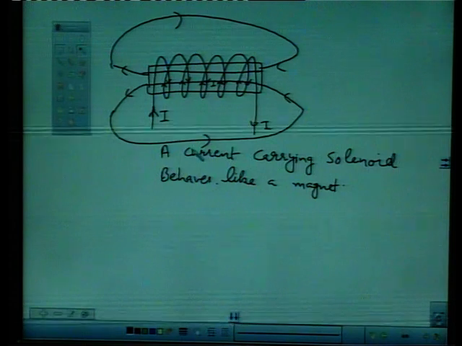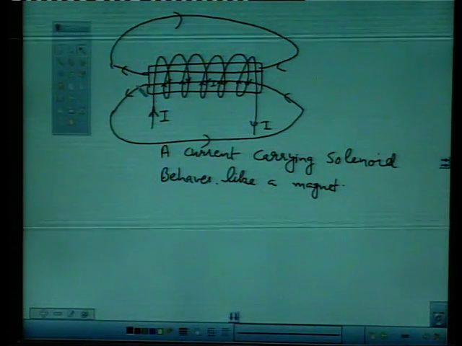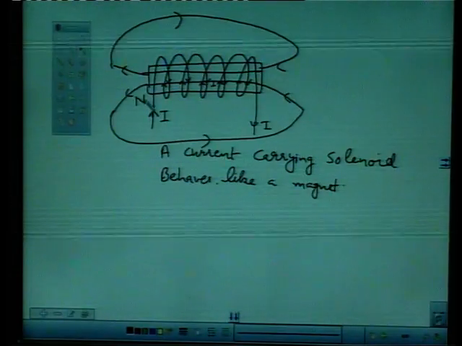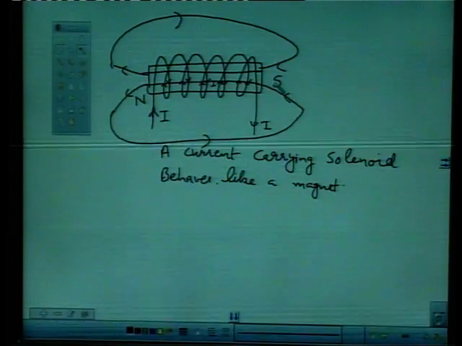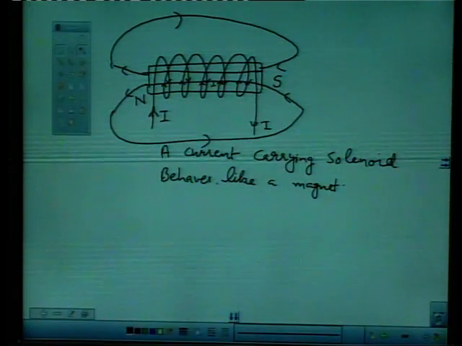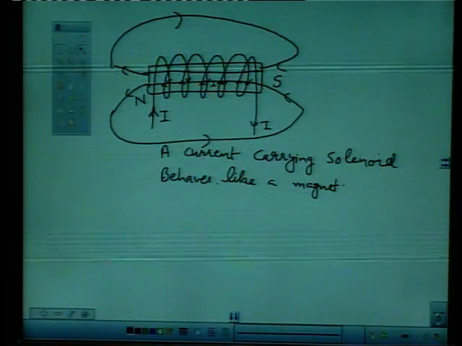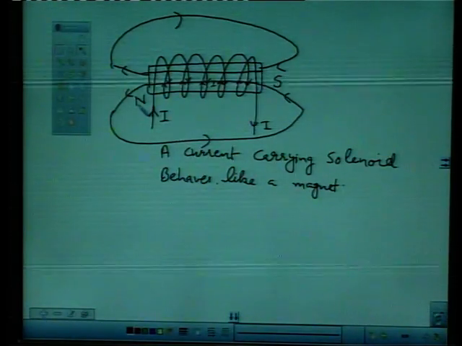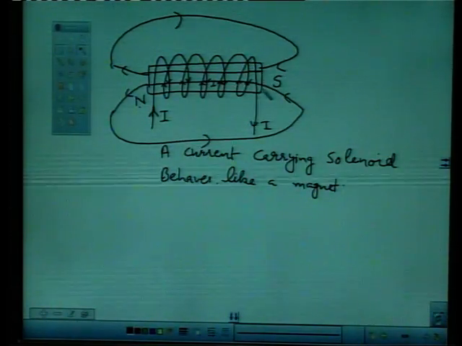Since the magnetic lines are emerging from this end, this will behave like a north pole and the other end will behave like a south pole. If we reverse the direction of current, then the poles will also be reversed. This will behave like south pole and the other will behave like north pole.